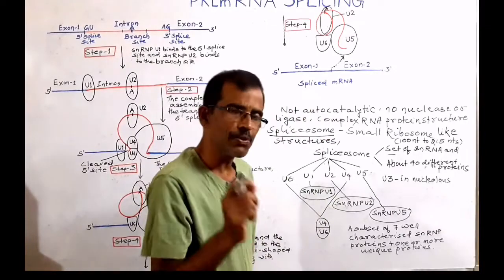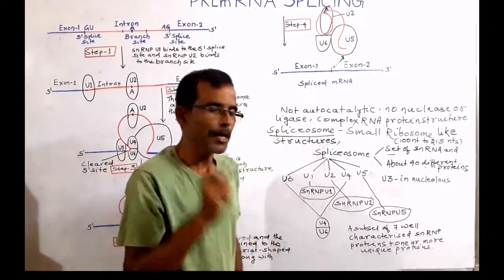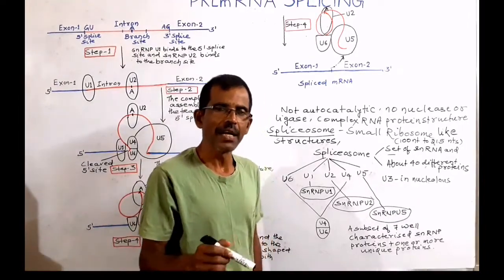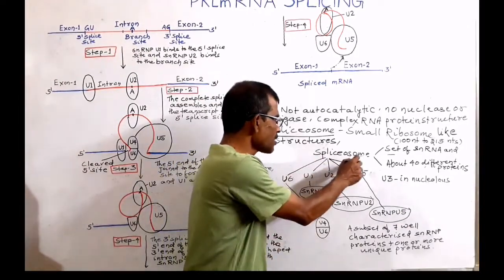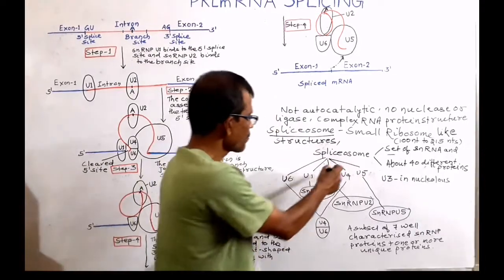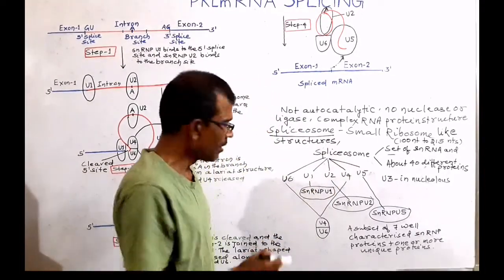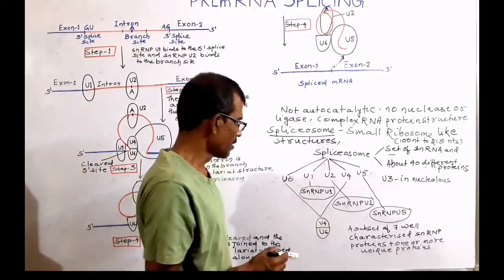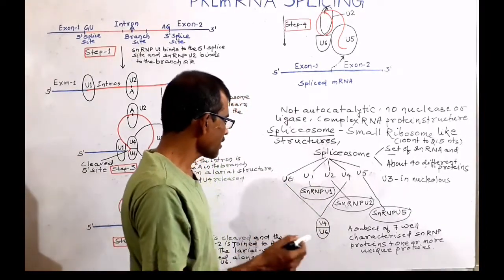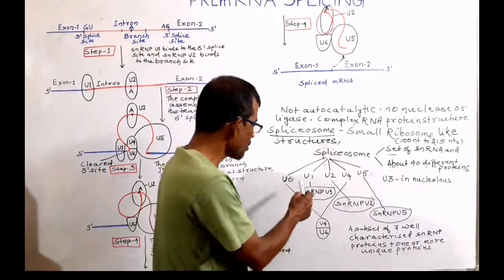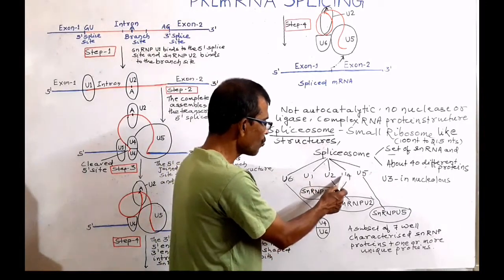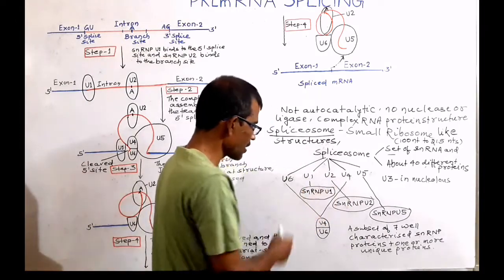There are 5 small nuclear RNAs which participate during splicing as components of the spliceosome. The spliceosome contains 5 types of small nuclear RNAs: U1, U2, U4, U5 and U6.